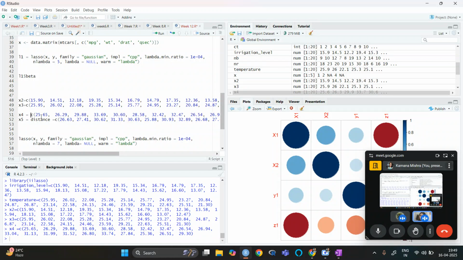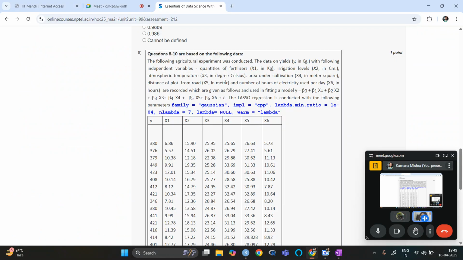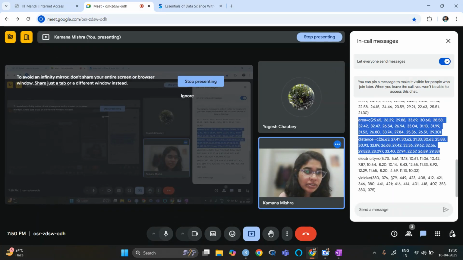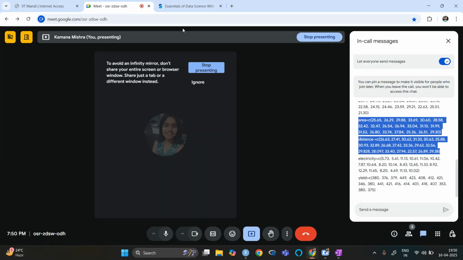Okay, so I have got x. Yes, ma'am. So I have got till now the irrigation level, the temperature, the area, the distance. And electricity. Electricity is what? Number of hours. Okay.